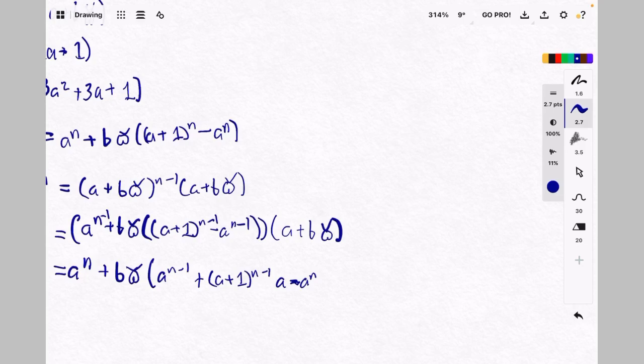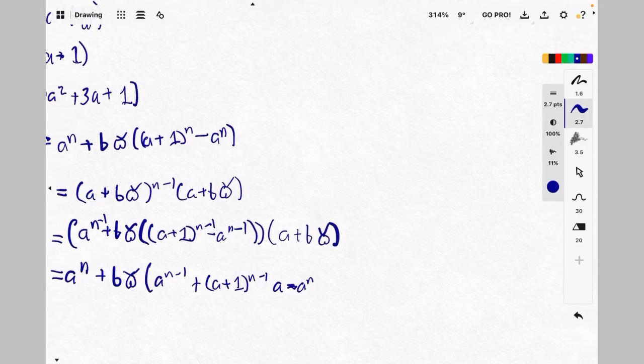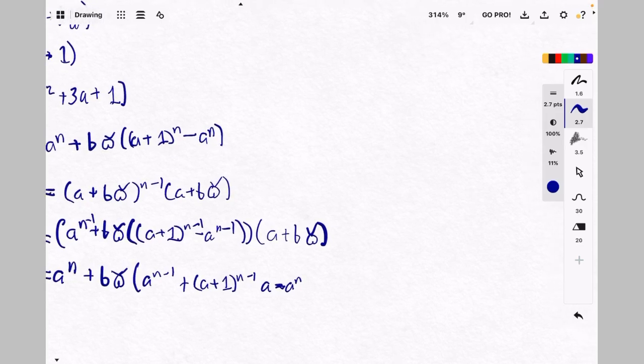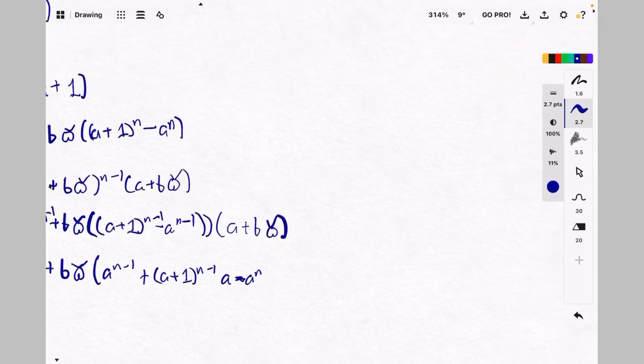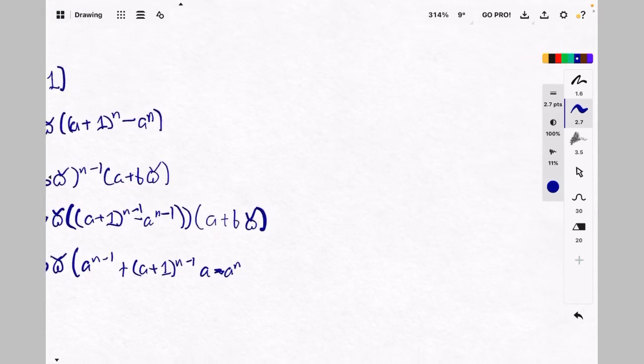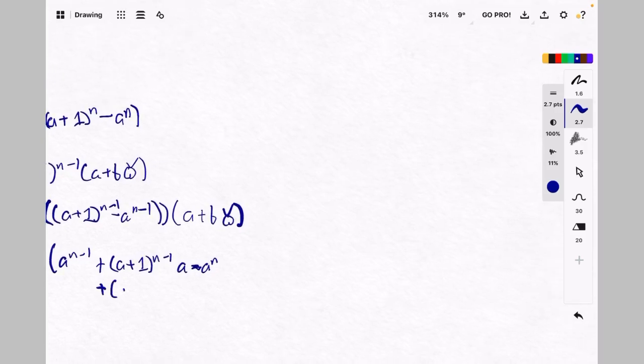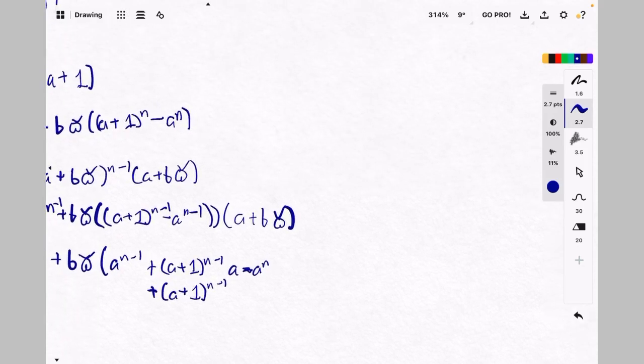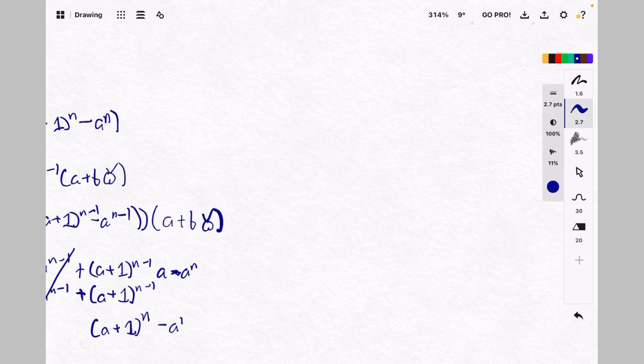Yeah, that's correct. And then just plus this entire thing again, so plus (a plus 1) to the n minus 1, then minus a to the n minus 1. These cancel out. This becomes (a plus 1) to the n, and then you get minus a to the n back.